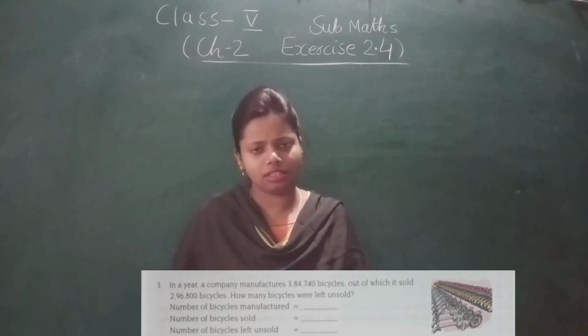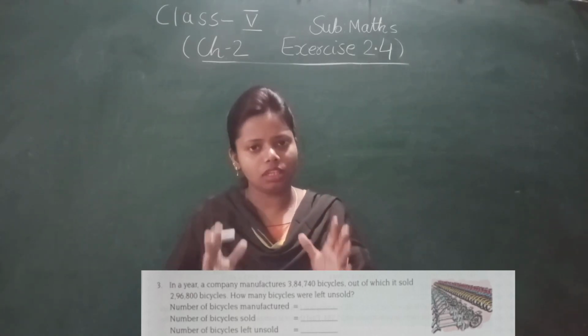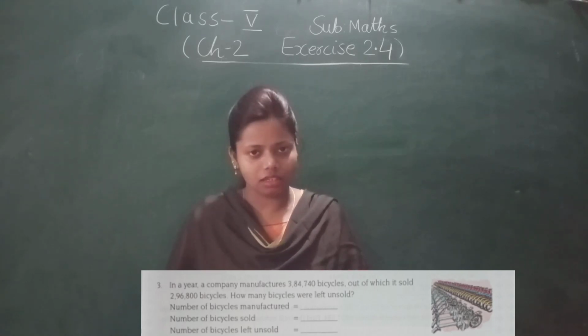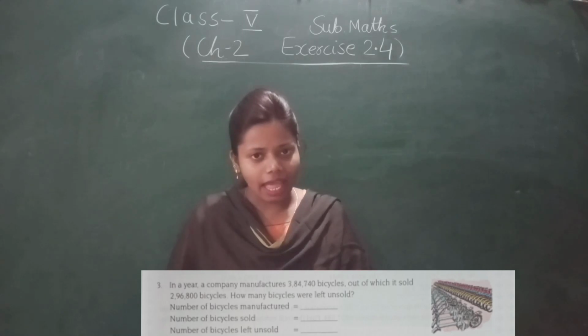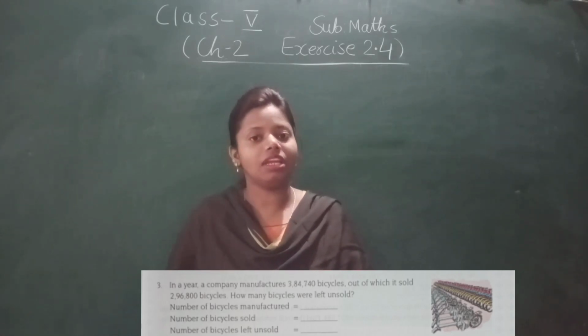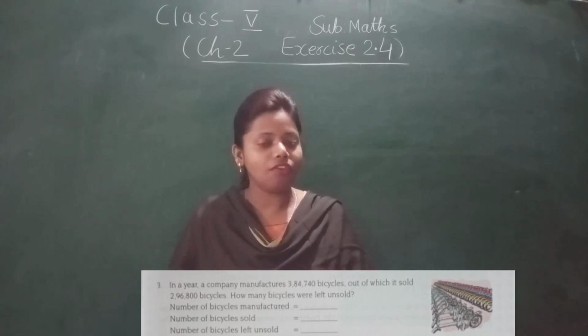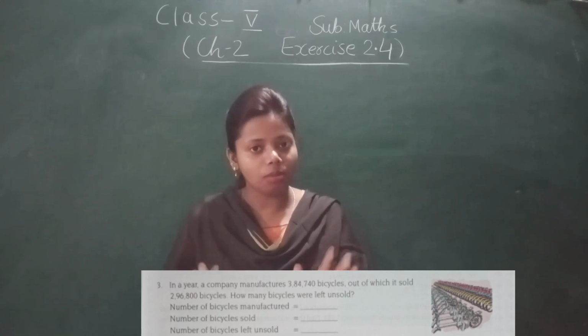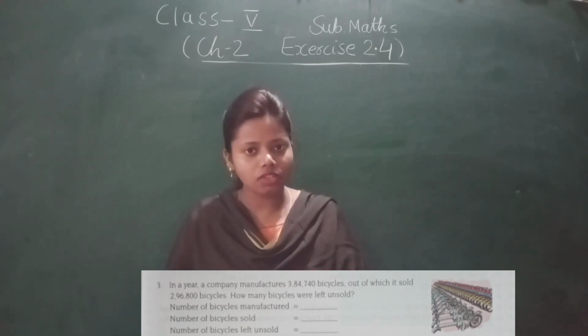Now this question says that a bicycle manufacturing company is there, and in a year the company has manufactured 3,84,740 bicycles.